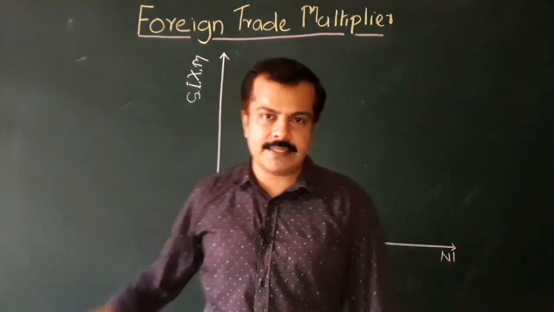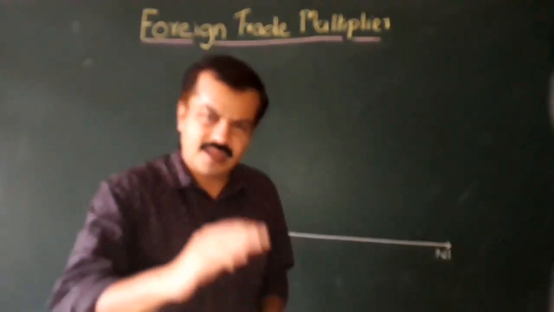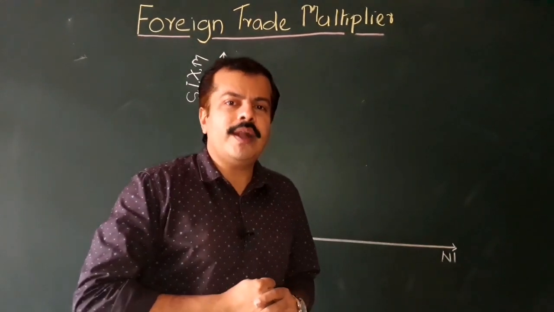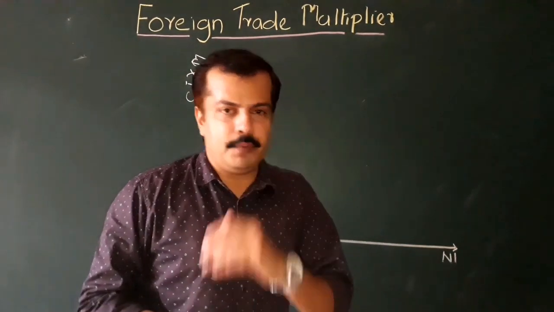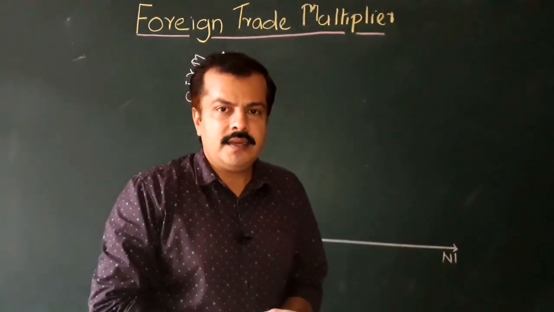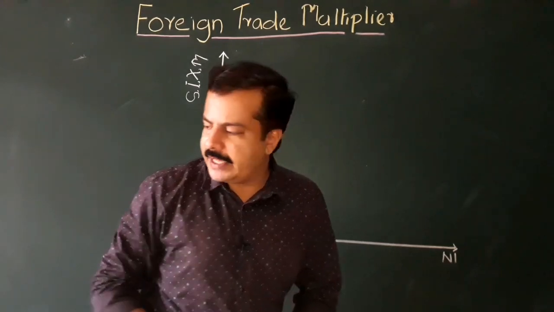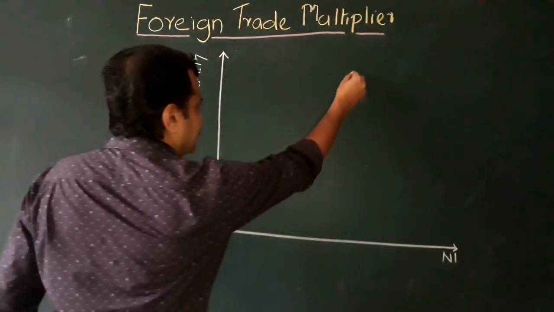National income on one axis and all leakages and injections on the other. Now let us explore what happens when there is a change in export and its effect on national income.